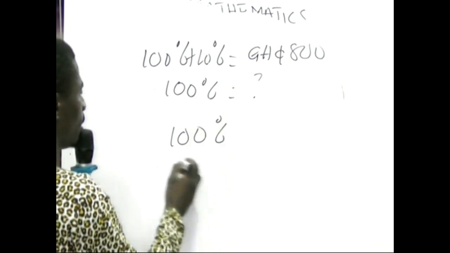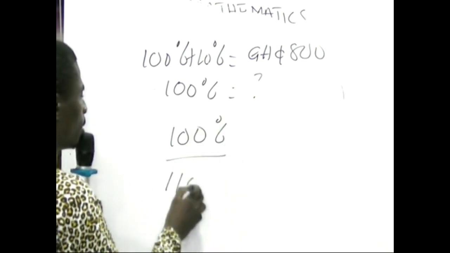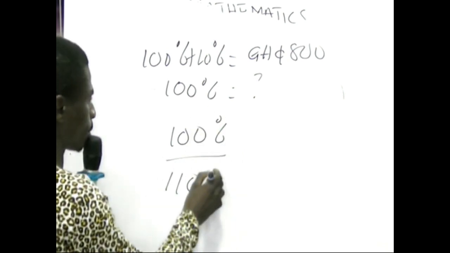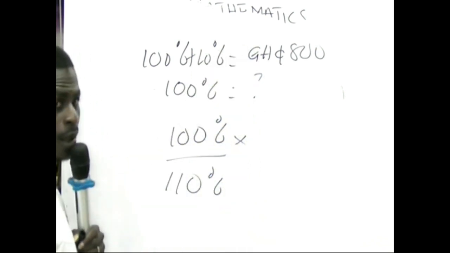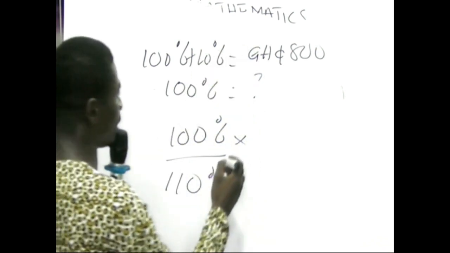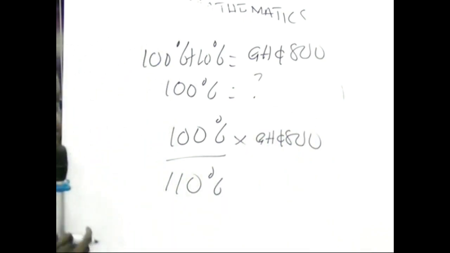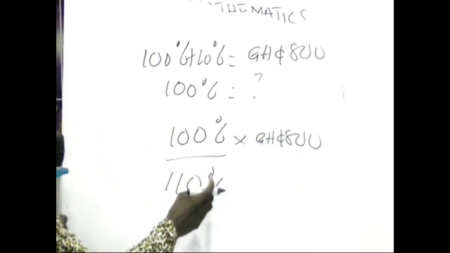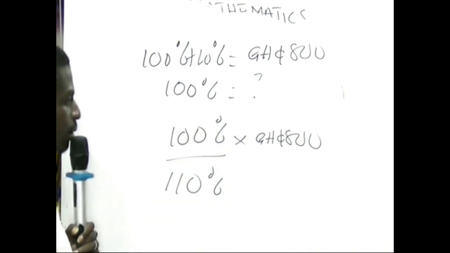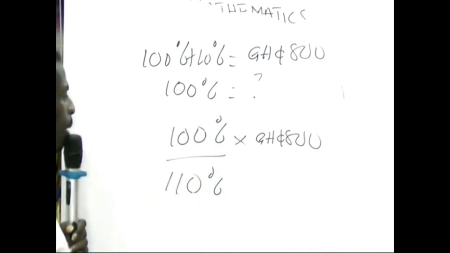100% divided by 110% times the VAT inclusive, which is the 800 Ghana cedis. Now from here, the percentage will cancel the percentage, 10 will cancel 10.